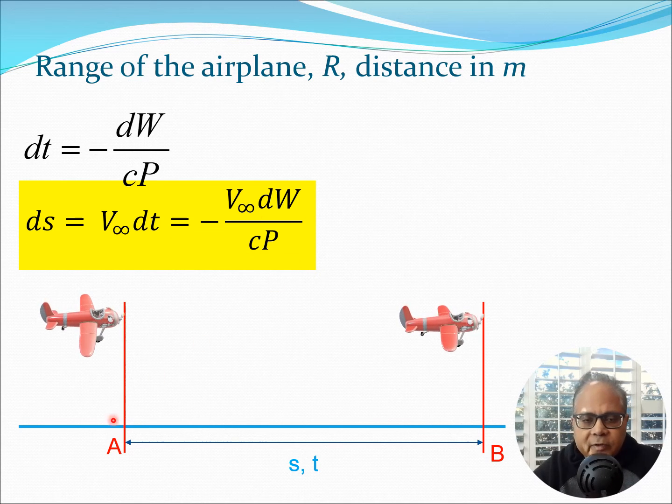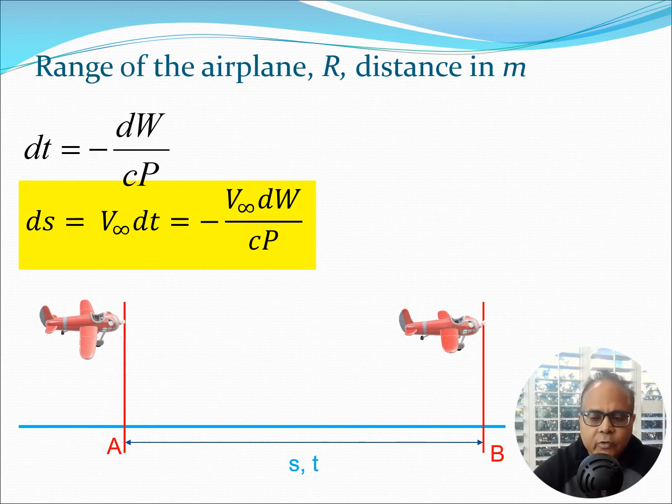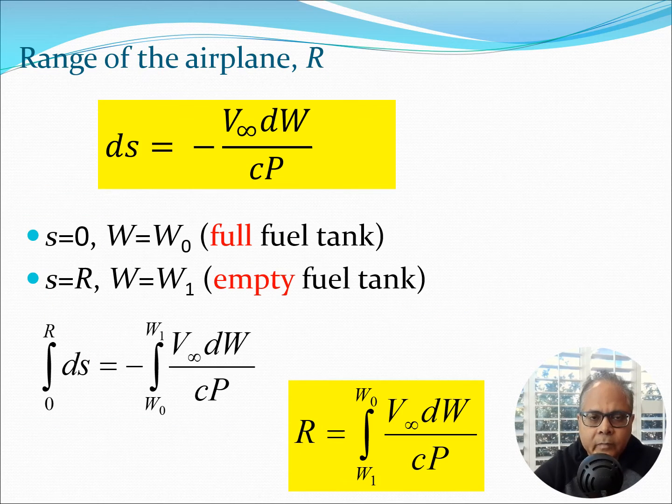Like I mentioned before, range of the aircraft if you are flying from point A to B is essentially the distance which is traveled during this period, and of course if you are talking of the time, that is endurance. So dt is a small amount of time between this journey and ds is a small amount of distance in this journey, and we are going to have to integrate it to get the actual range and endurance.